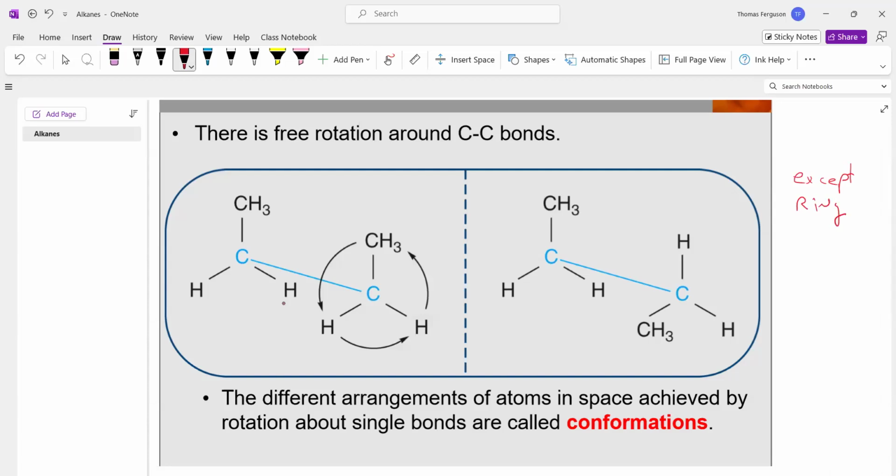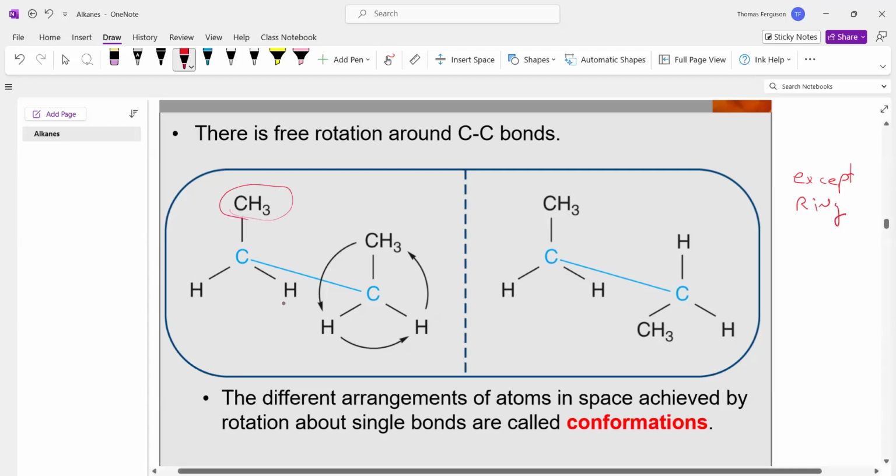Now, what it's going to do, it's going to rotate to be the most stable version. So this version on the left got a single carbon methyl group up there that's close to one another. Here, the methyl groups are almost as far apart.